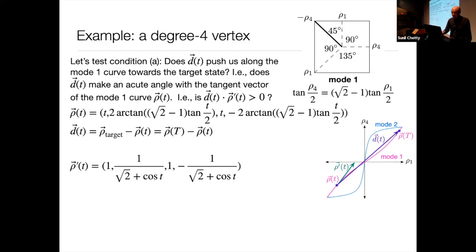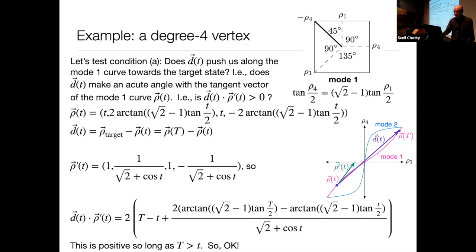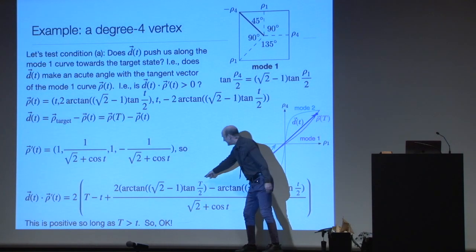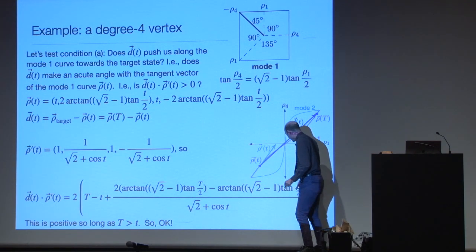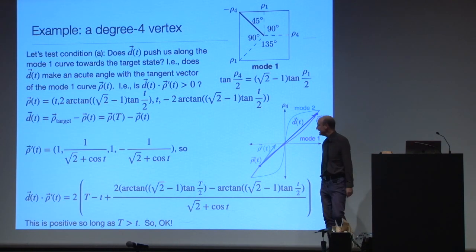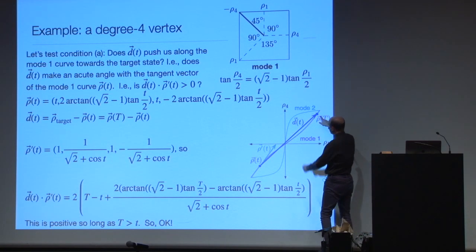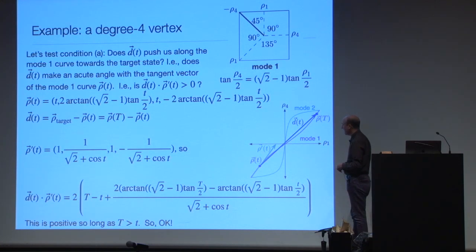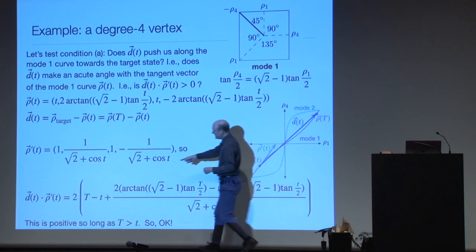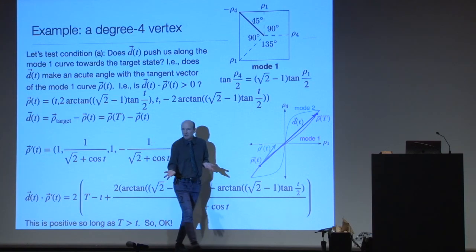Right. And then if you dot product that with the driving force, you get some crazy things. Because the driving force has capital T in it, that's my target state, and lowercase t in it, that's wherever I happen to be. But look at this. If capital T is bigger than lowercase t, which is what I have in this picture, then this part in the front, capital T minus lowercase t, will be positive.